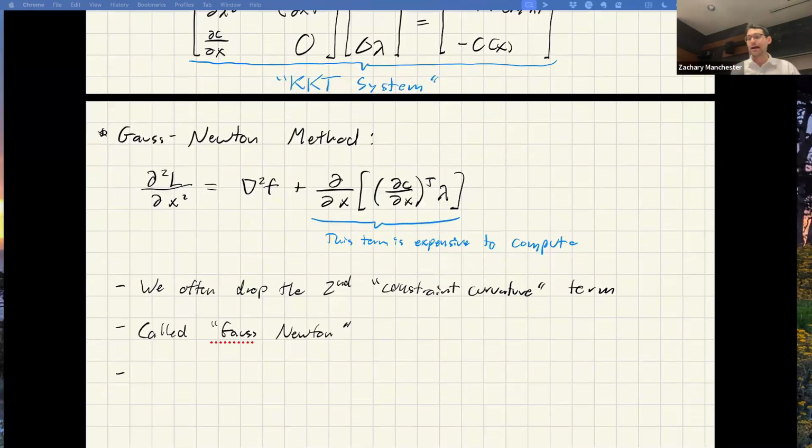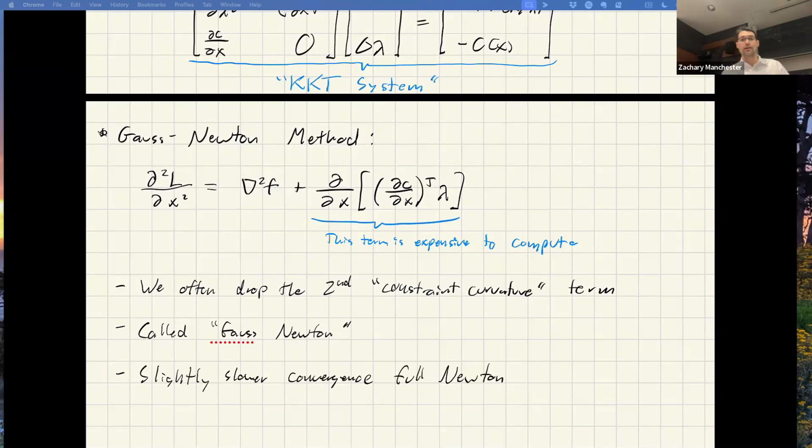I will say Gauss-Newton is almost standard in a lot of robotics applications. Like we do this all the time. Theoretically, you get slightly worse convergence than a full Newton method.